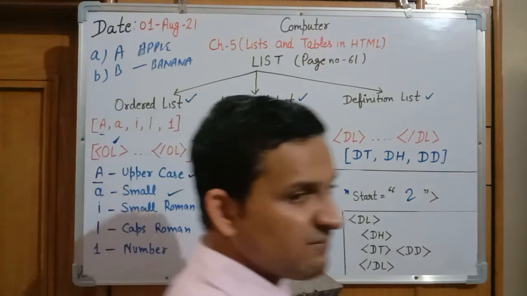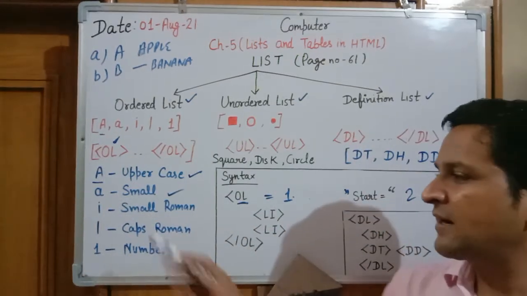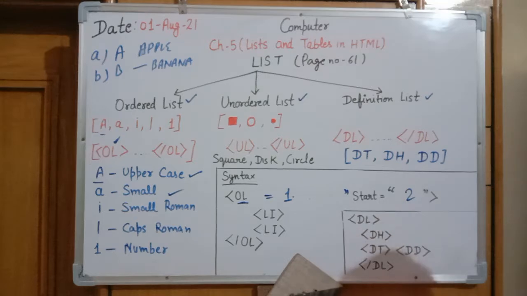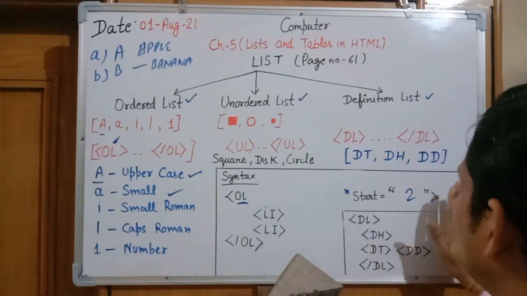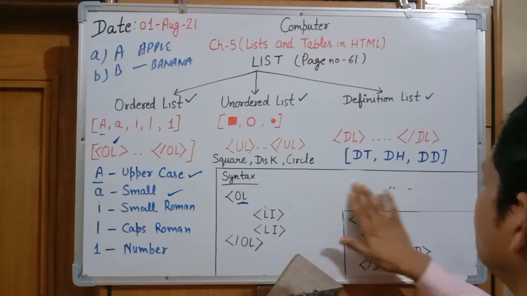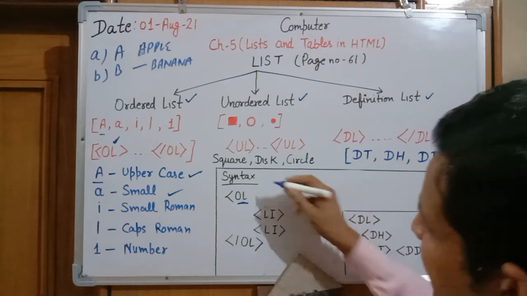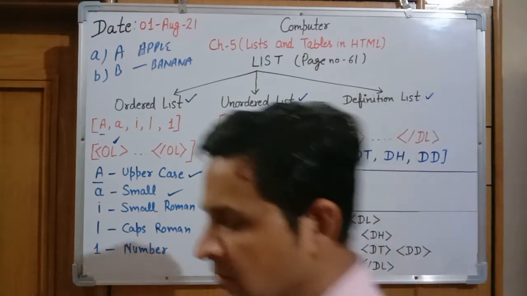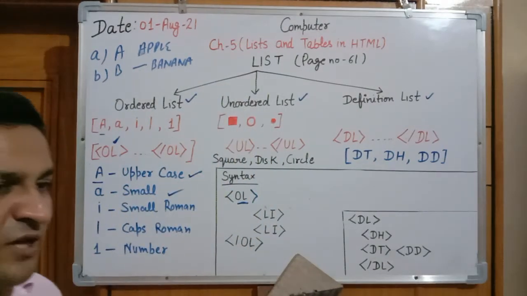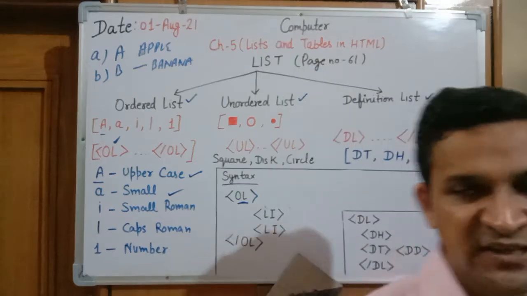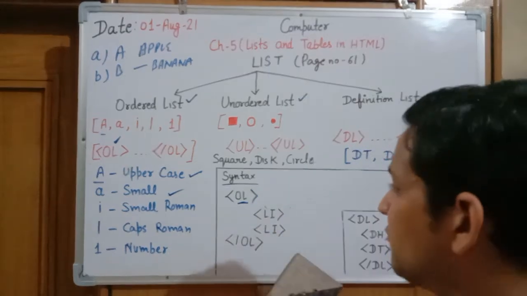It means it will automatically take number values, not alphabets or Roman values, by default 1, 2, 3, 4. One more thing, suppose I am not giving the starting position, I am just writing OL. In that case it will start from 1. It will not ask for a starting value, it will automatically start from 1.